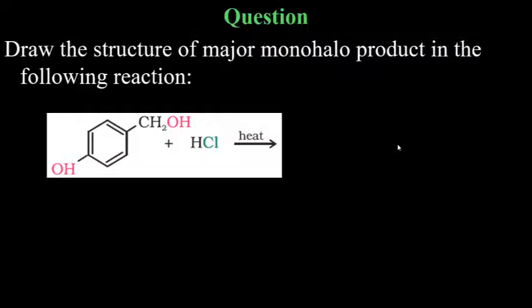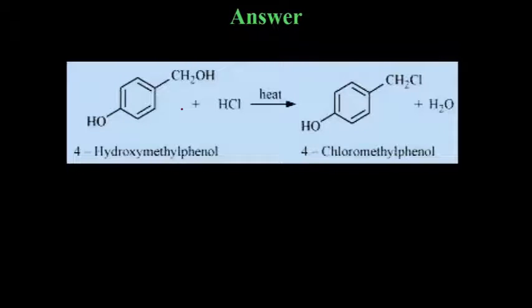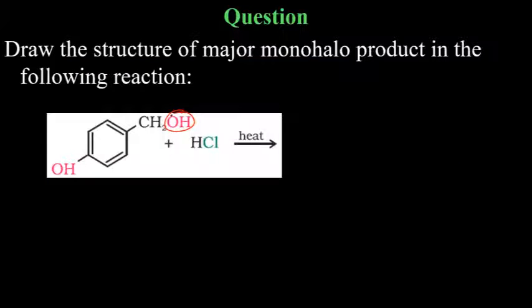Now the next one. In this case, you have two OH groups. But again, the same thing I said in the previous case. These two bonds have partial double bond character due to resonance. So it is difficult to break these bonds.